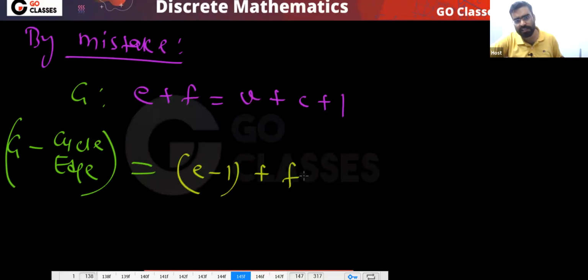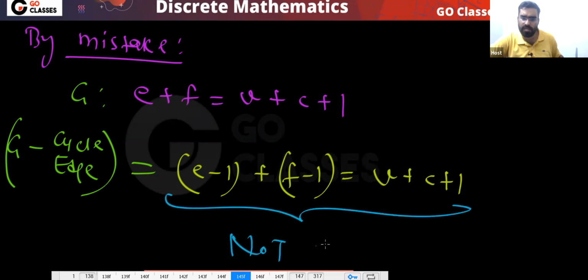If I remove one cycle edge, then the number of faces should decrease by 1. Not balanced. So this formula is wrong.